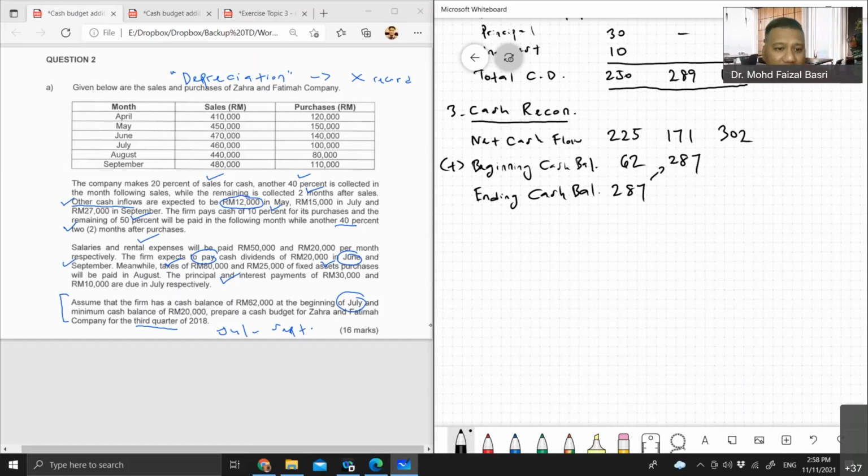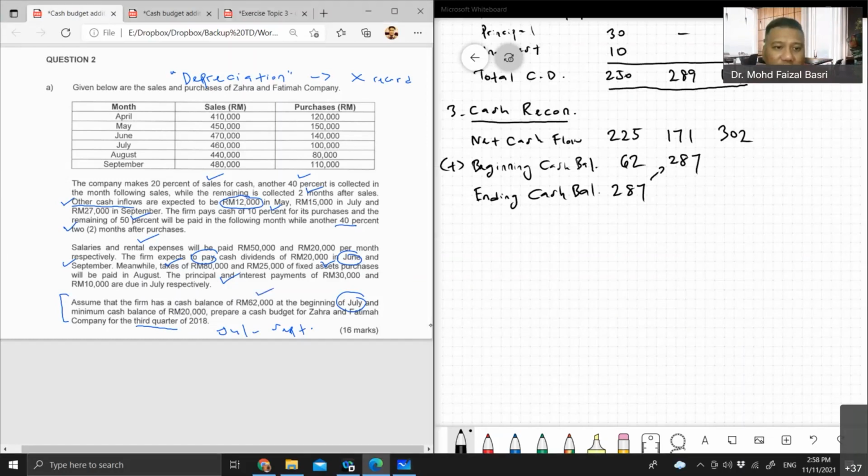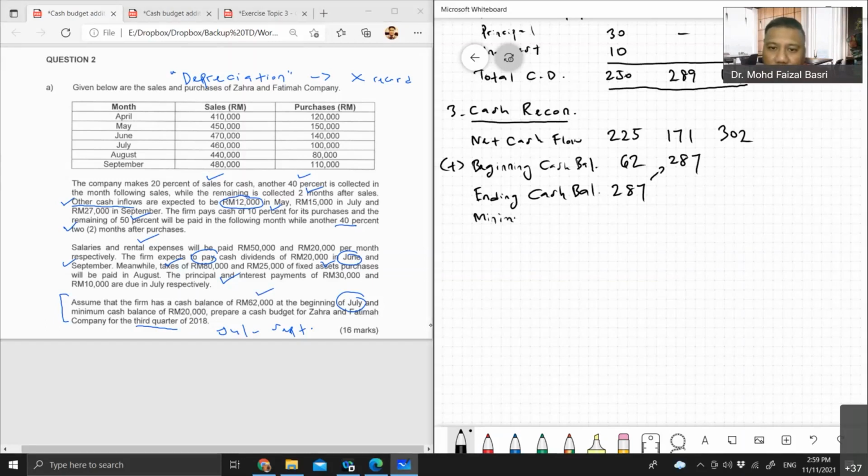So, this part, we have settled 62,000, the beginning of July. And then we have a minimum cash balance of 20,000. So, we have another item which is called minimum cash balance. Okay, minimum cash balance, this is just like a policy whereby the company wants to keep a reserve.